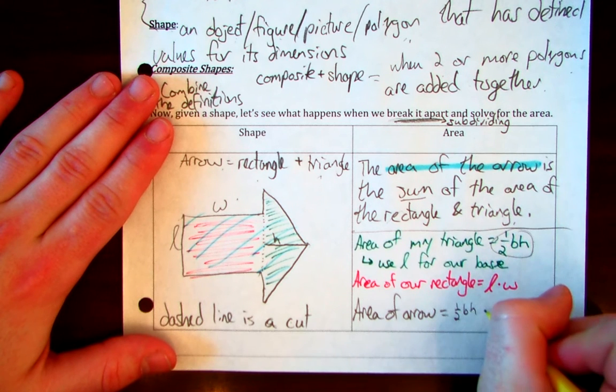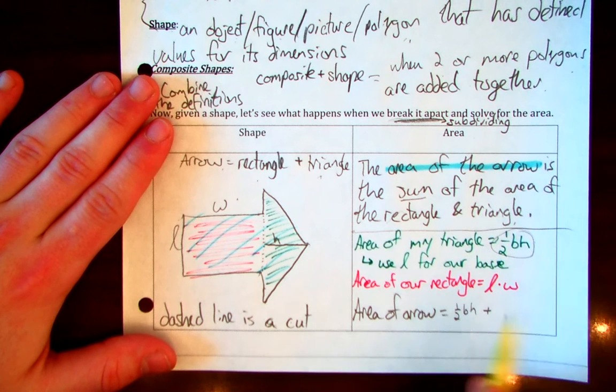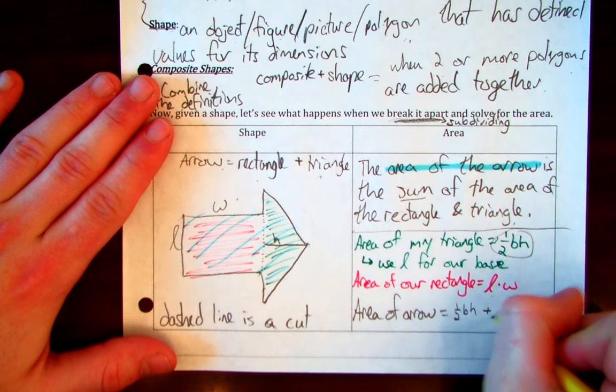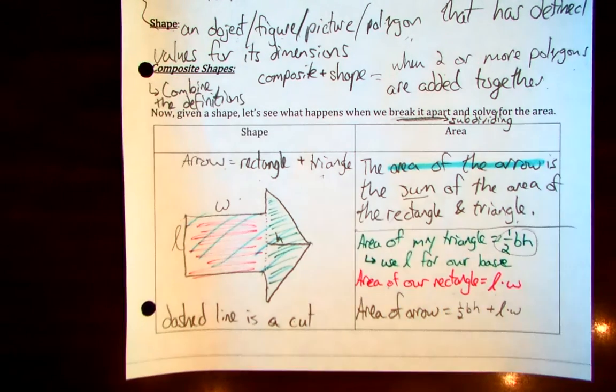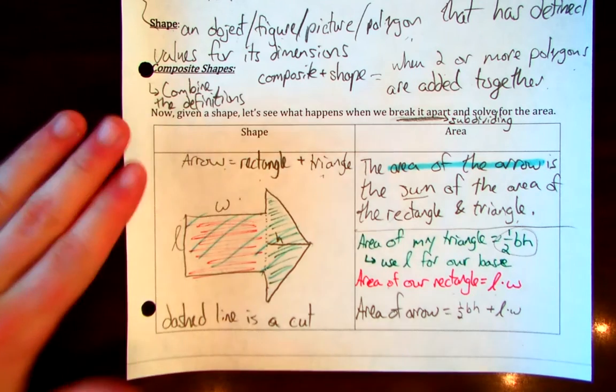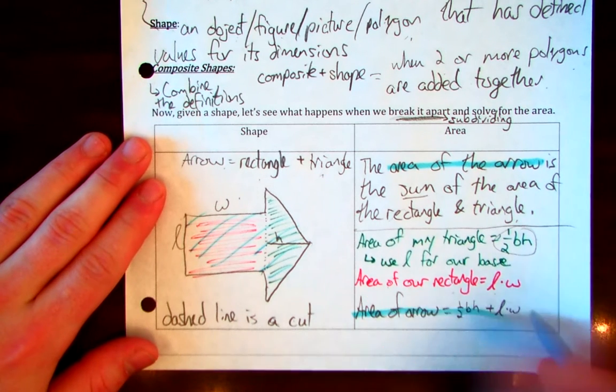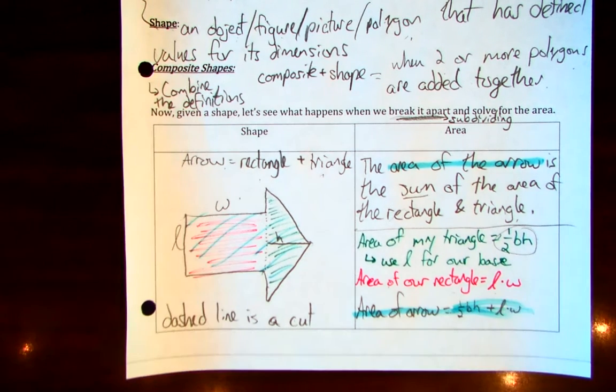And then we're going to add that to our length times our width, which is the area of our rectangle. So again, the area of our arrow is that amount shaded in blue. This is one way of doing it. Again, I'm going to give you multiple options as always, but you'll need to at least pick one of them.